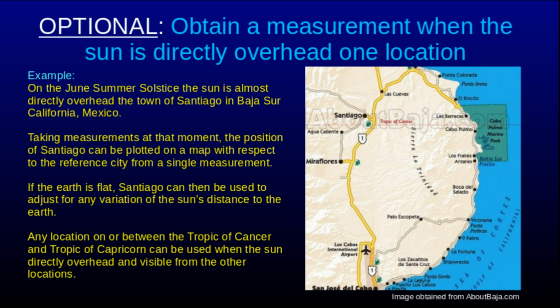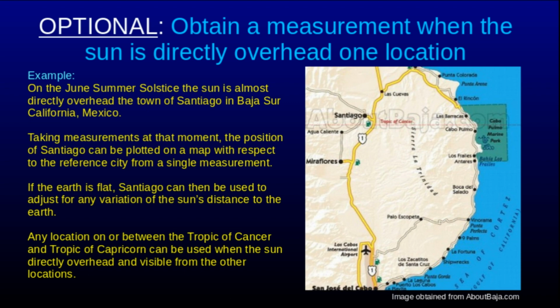So if you were taking measurements at that moment, when the sun is directly overhead Santiago, then the position of Santiago can be plotted on the map where the sun would be directly overhead, as we saw in the previous slides. And if the Earth is flat, then Santiago can be used to adjust any variation in the sun's distance to the Earth. We'll see how that works later.